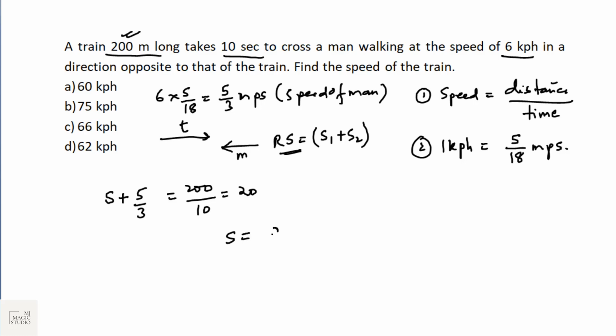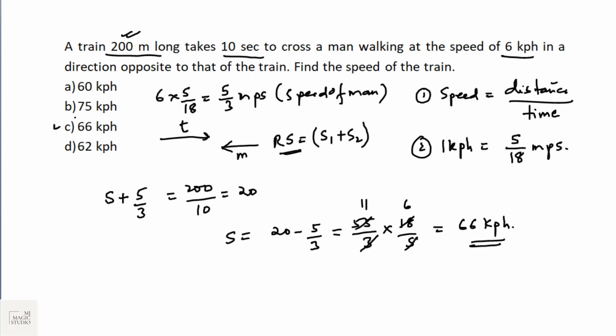So speed of the train is simply 20 minus 5/3, that accounts to 60 minus 5, 55/3 meter per second. We'll multiply by 18/5 to convert it into kilometer per hour. Correct? 5, 11, 11 into 6 is 66 kilometer per hour, the speed of the train.